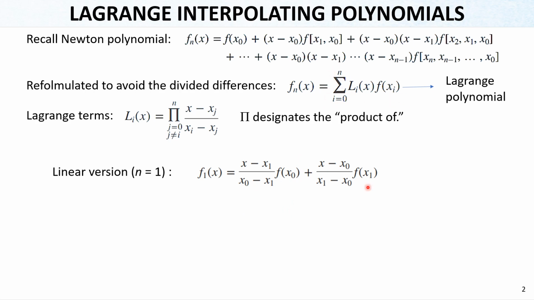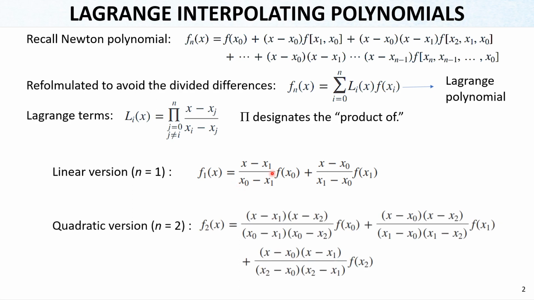From 0 to 1, that means we will have another term with x1, and in this again we will have x minus x0, because this has to be different from i. If i is 1, this should be 0. If i is 0, this should be 1. Then x1 minus xi, you can see here. So this summation comes from writing n equals 1, and this is called the linear version of the interpolation. These are the Lagrange terms obtained from here.